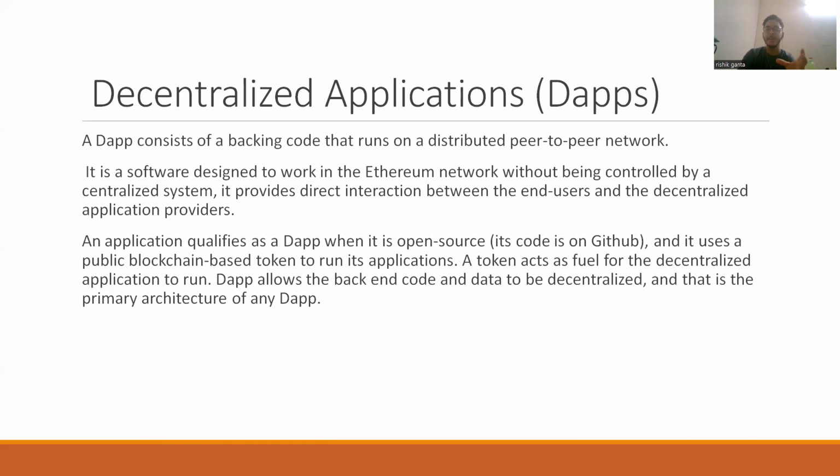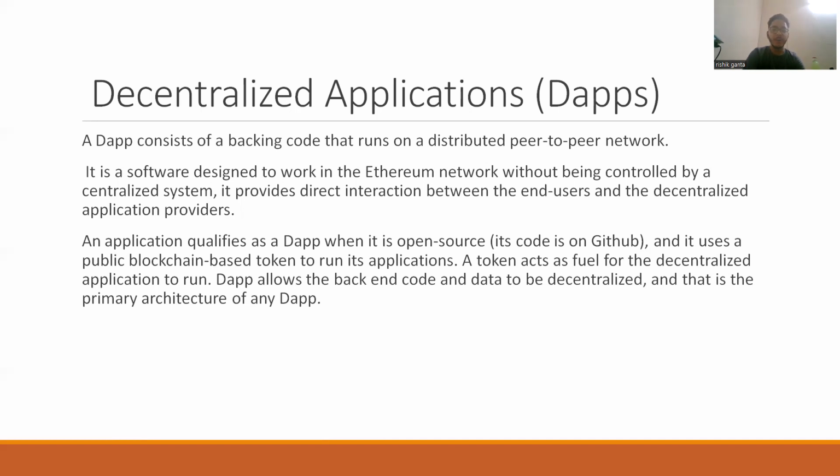Decentralized applications. Decentralized applications are also known as dApps. A dApp consists of a backend code that runs on the distributed peer-to-peer network or the blockchain. It is a software designed to work in the Ethereum network without being controlled by a centralized system. It provides direct interaction between the end users and the decentralized application providers.